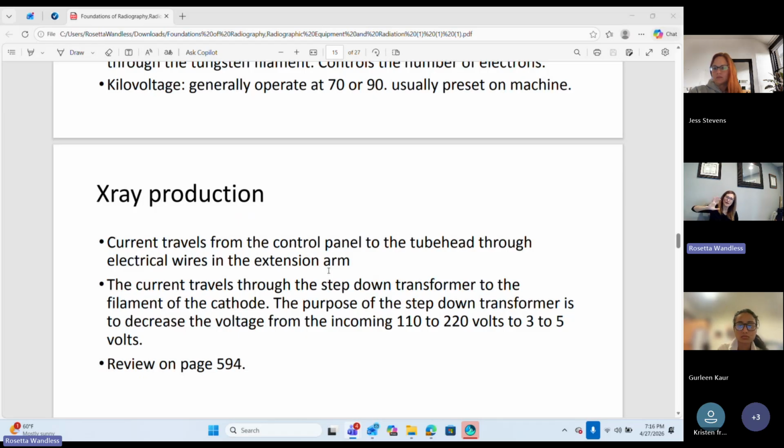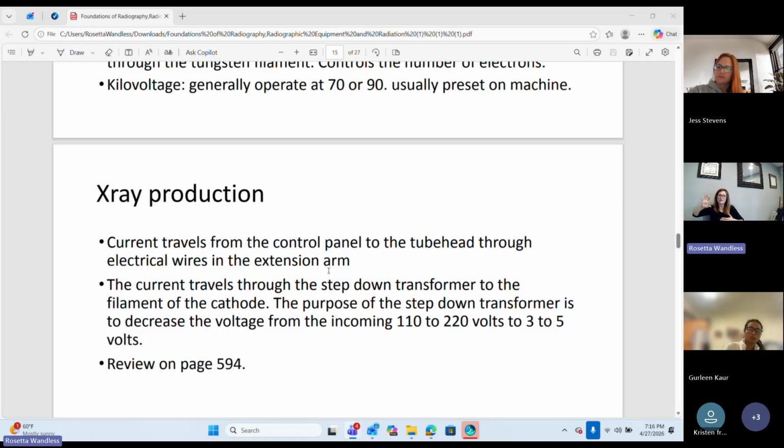That focusing cup is just like backing those electrons in, it's holding them back. I'm ready for you, coach. Put me in, okay? That's what's happening there. The moment that we're ready to expose, hit the exposure button, my focusing cup drops down.